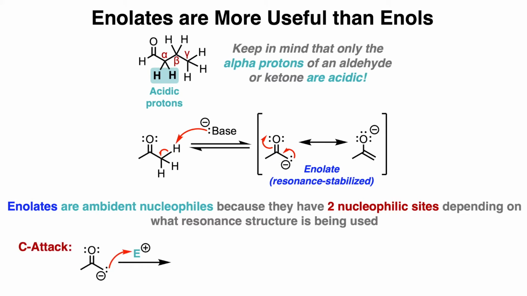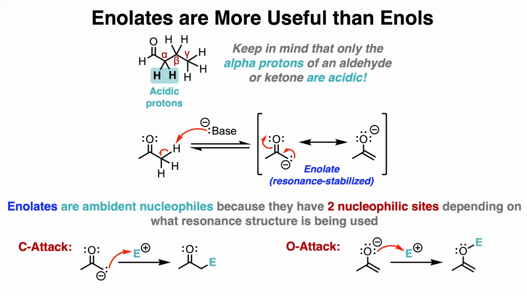When the alpha carbon attacks an electrophile, it's called C-attack, but when an oxygen atom attacks an electrophile, it's called O-attack. C-attack is much more common than O-attack, and the majority of the enolate reactions that we will be learning about utilize C-attack more than O-attack.